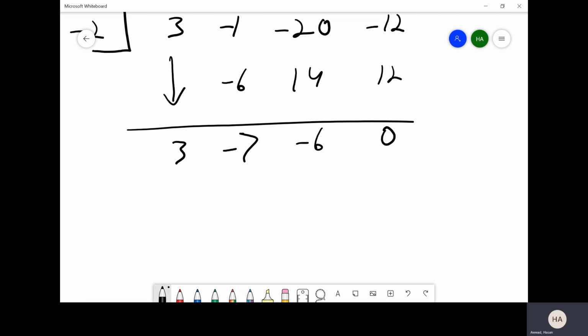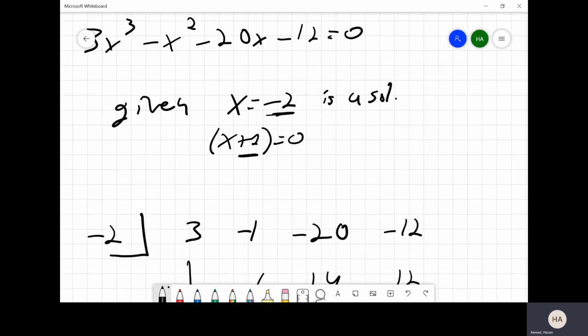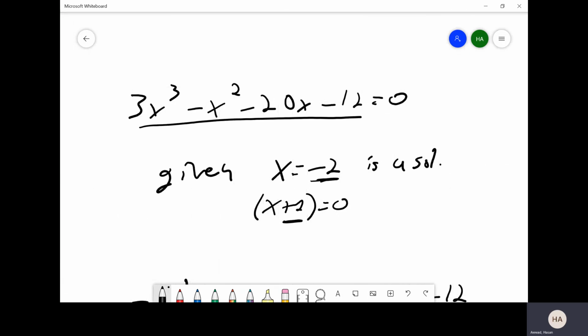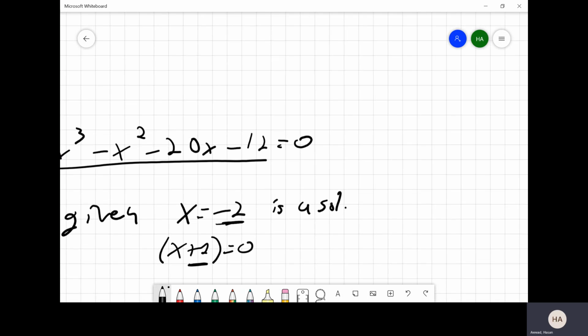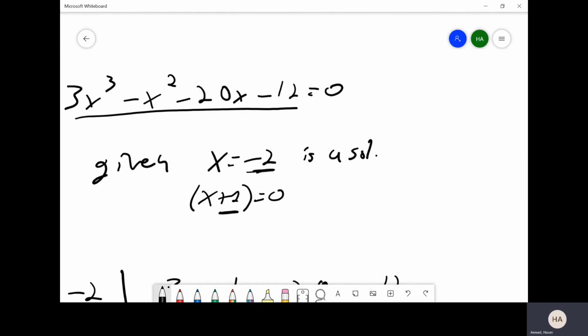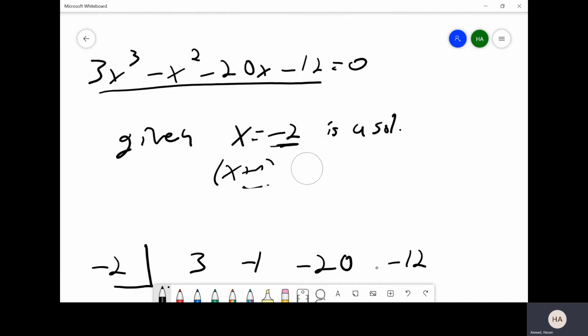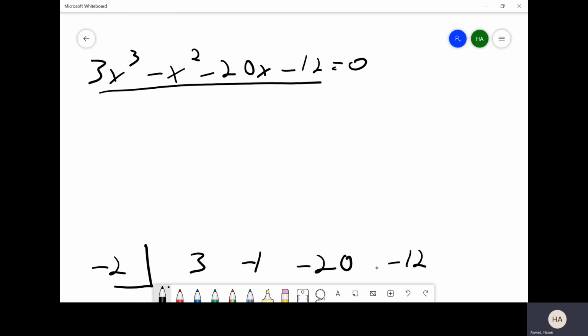So what did we do by doing this? Well, what we found out is now we have a remainder of 0. We have a constant of -6. We have -7x, and this is 3x squared. So what this tells us is that this piece right here can be broken up into the following. We can take our equation here, and I'm just going to erase the information that we were given. Sorry, I'm running out of room here.